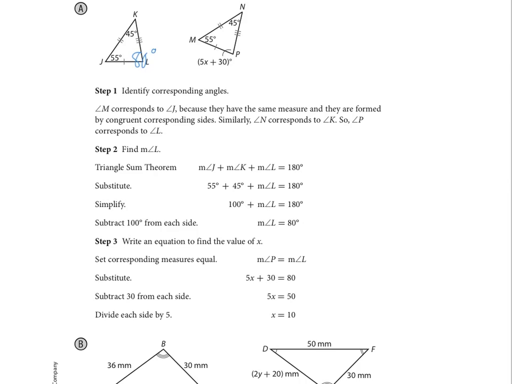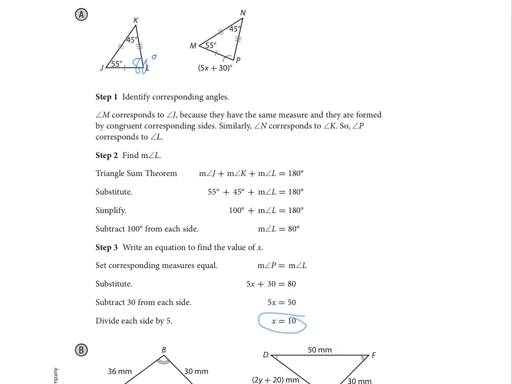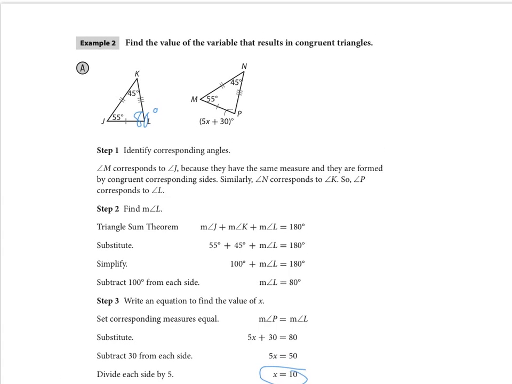As you can see, we get x equals 10. Now let's remember what we were doing at the start of the example, because sometimes we get a variable and we have to do more with it. The instructions were simply to find the value of the variable that gives us congruent triangles. So I think we're done with this one.